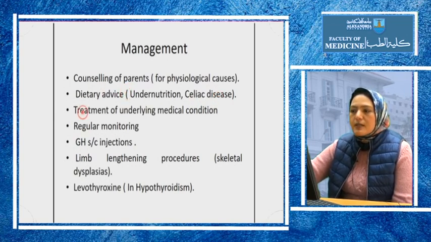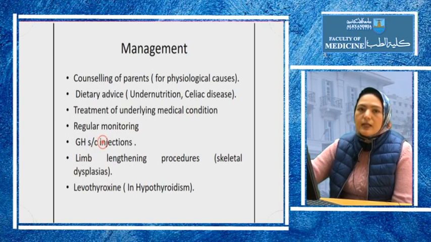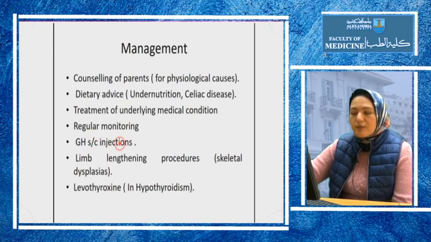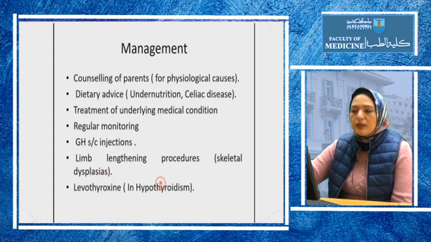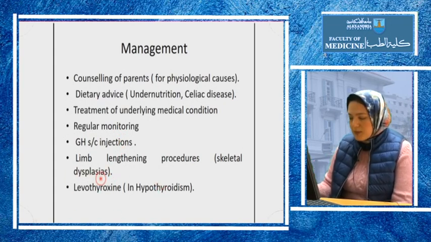If the patient is suffering from a chronic systemic disease, it's very important to control the underlying medical condition with regular monitoring. In patients suffering from growth hormone deficiency, you should give growth hormone injection replacement therapy. And finally, patients with hypothyroidism will be given levothyroxine replacement therapy.